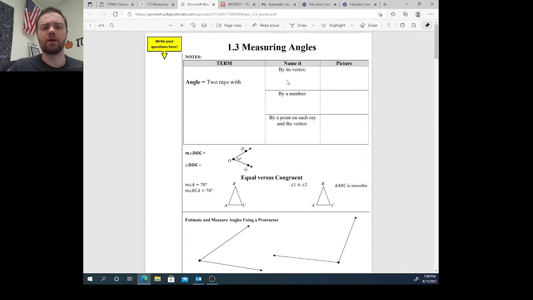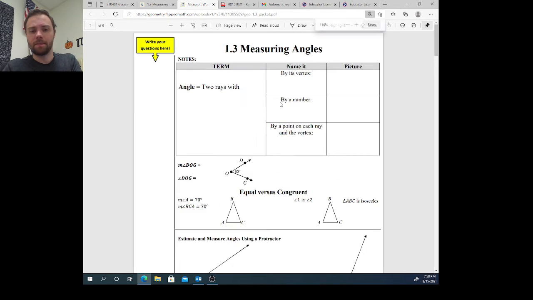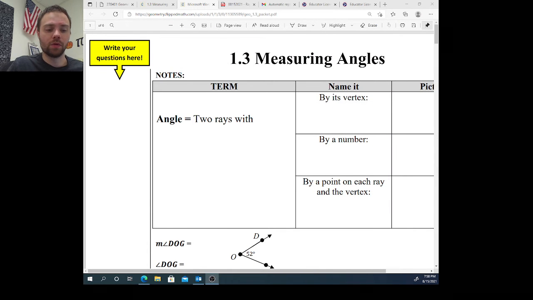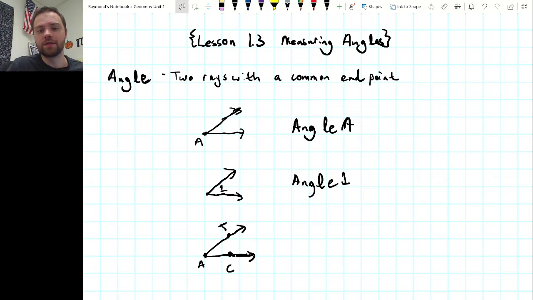So the first thing we're going to talk about is an angle. And by definition, in this case, an angle is two rays with a common endpoint. So two rays with a common endpoint. And what you'll see down there is a few examples of how angles will show up.